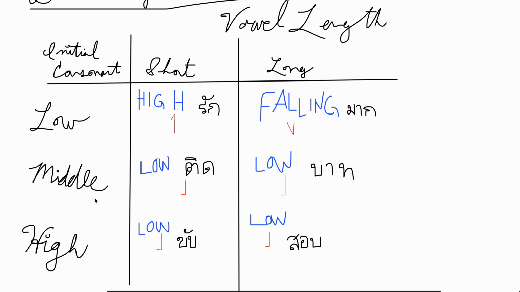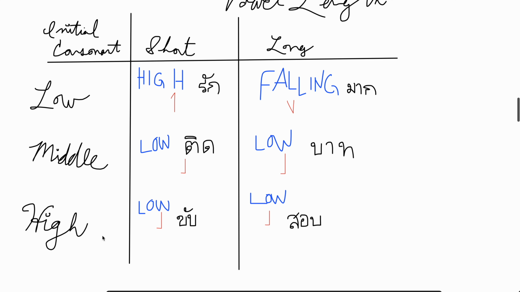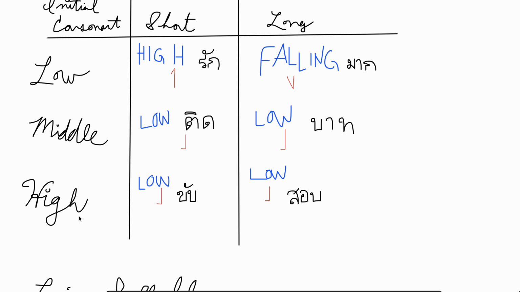If it's a middle one, it's obviously going to be low no matter what. So deed, and then also if it's going to be long, it's low as well. Pad. Next one is high. If it's a high consonant, it's also going to be low regardless. So kap, and then sop.